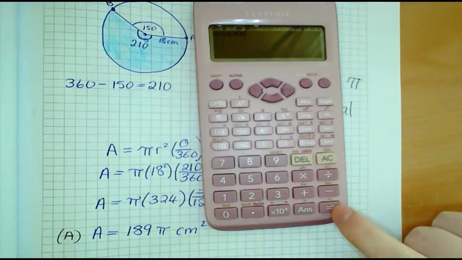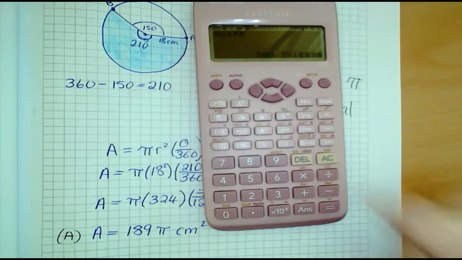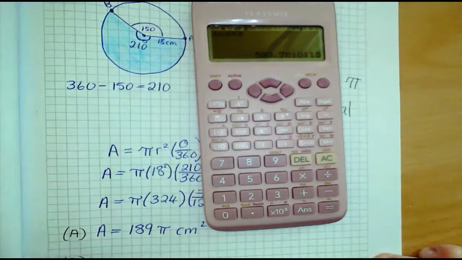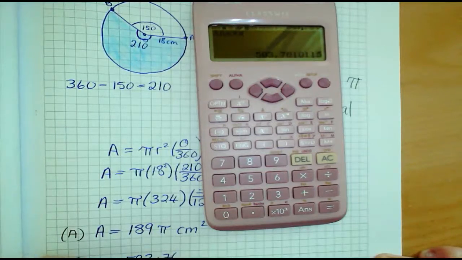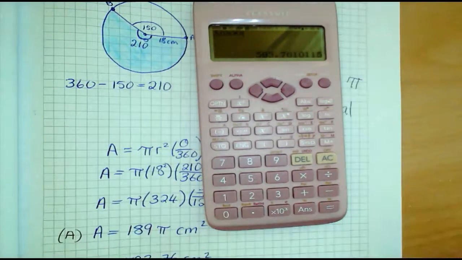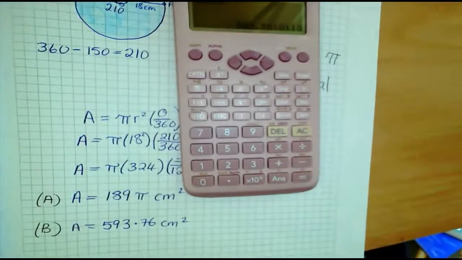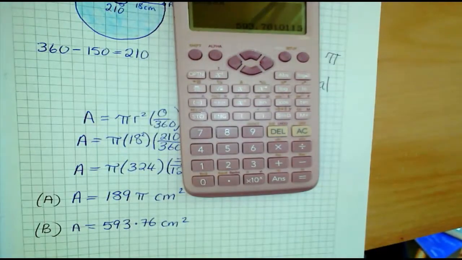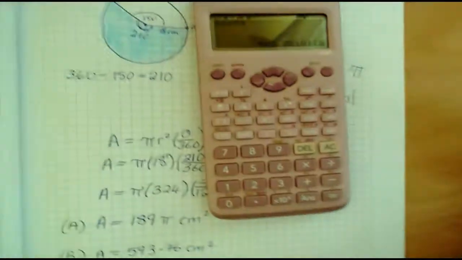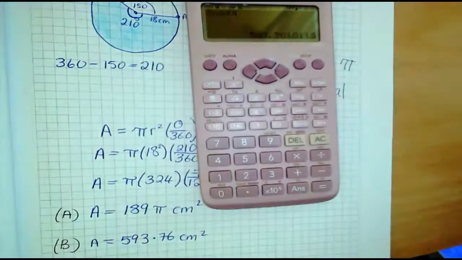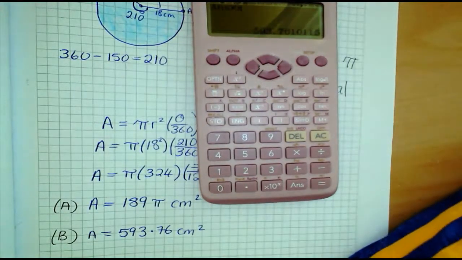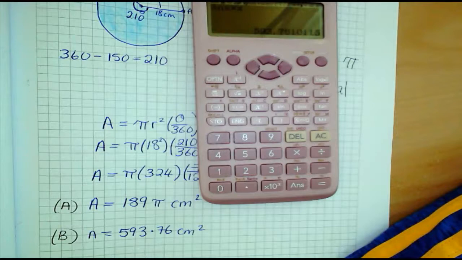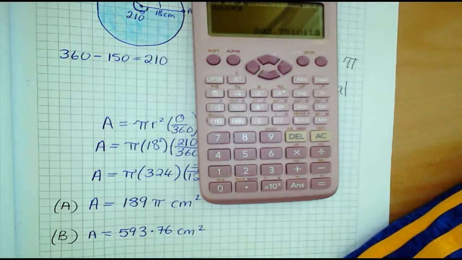That's where pi is, equals, and then you have to hit the S to D. So area is equal to 593.76 centimeters squared, okay? So 593.76 centimeters squared.